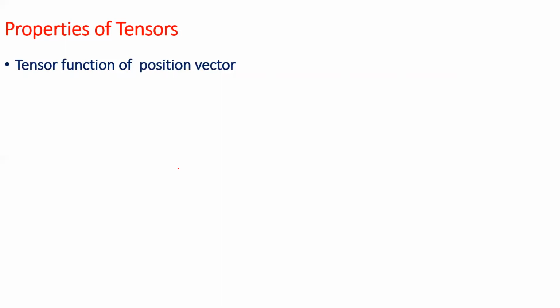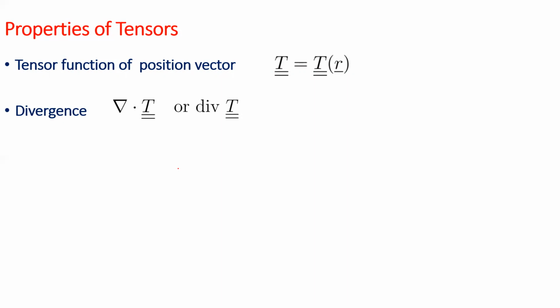Tensor function of position vector. What does it mean? I have a tensor and it's a function of the position vector. So divergence of a tensor is denoted by del dot T or div T. We will stick to this notation, just to avoid all confusion. Certain books use div T, which is sort of an old notation. It's nice to use this notation with the dot visible.